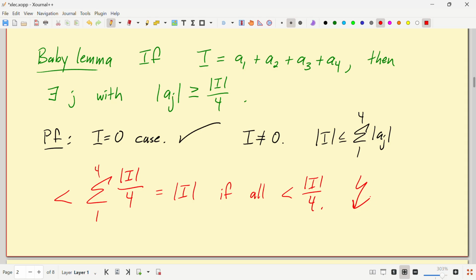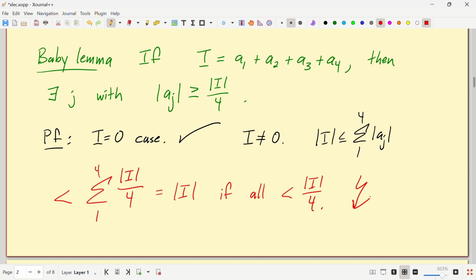And if those were all less than I over 4, then that sum would be strictly less than I, and it can't be. Yeah, I get that the modulus of I is strictly less than the modulus of I, and that's false.